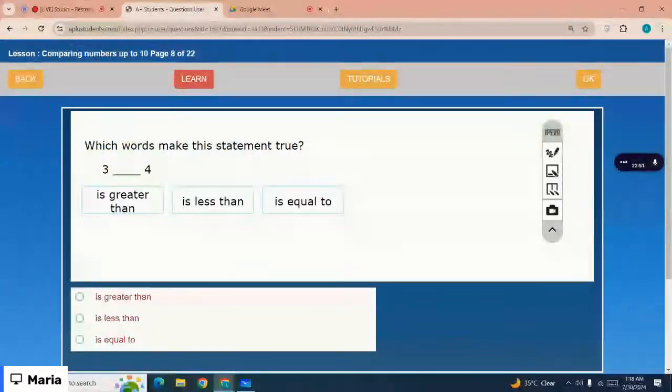Which words make the statement true? 3 and 4.